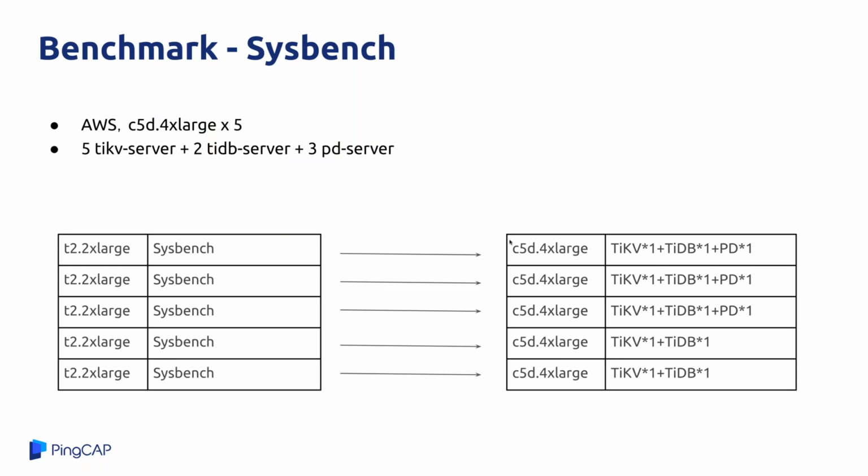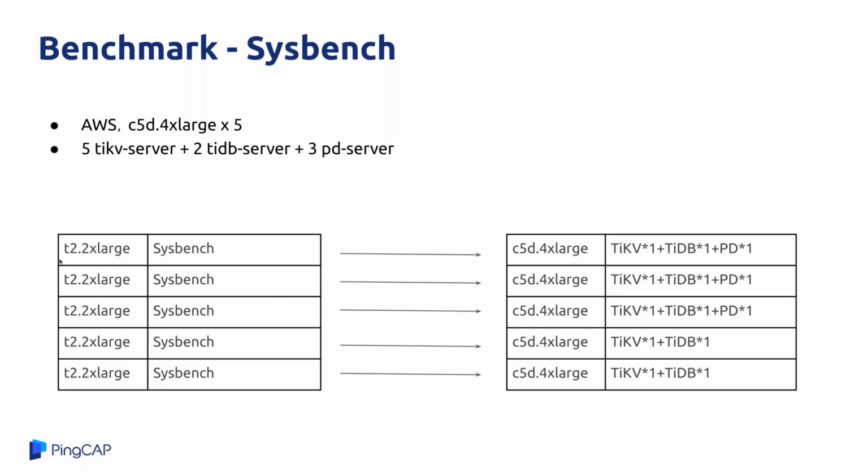And in our test, for example, in this case, we have 5 TiKV servers, 2 TiDB servers, and 3 PD servers, and we deploy all these components across 5 C5D 4x large machines.